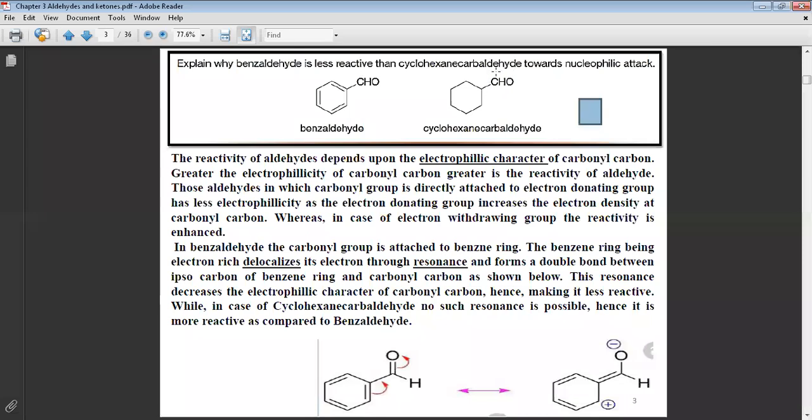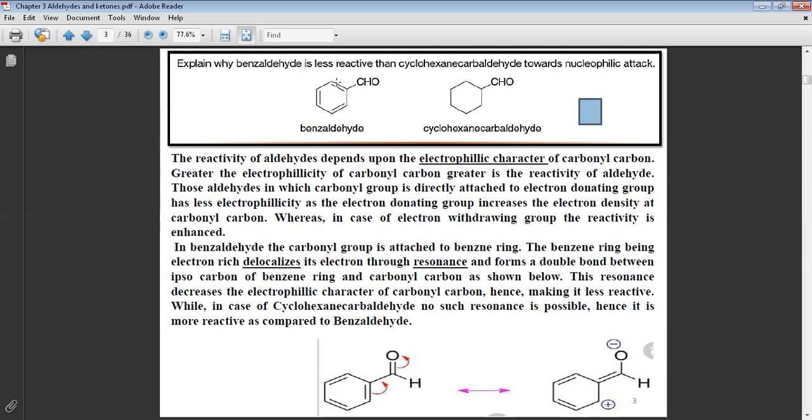And if you want to compare this partial positive with this partial positive, one is a stronger partial positive than the other. This one will have a stronger positive charge than this one. Why? Because the resonance effect delocalizes the positive charge onto the benzene ring. If it is delocalized, it will be more stable, and if it is more stable, it will be less reactive.